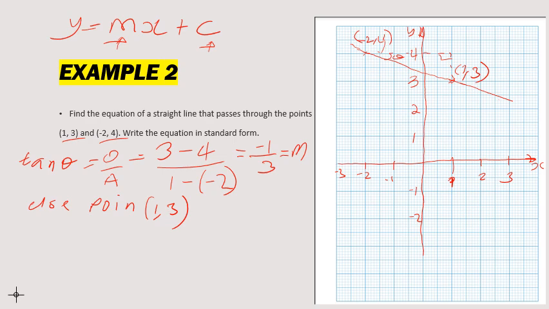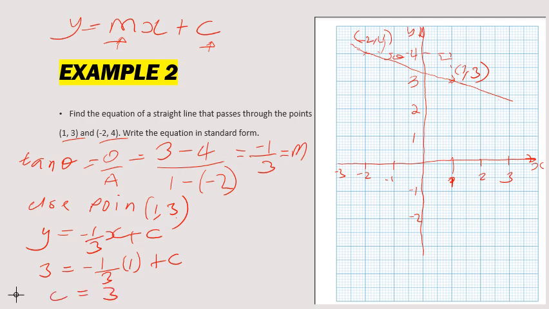So y equals minus 1 over 3 x plus c. Where there is y, we put 3, and where there is x, we put 1.